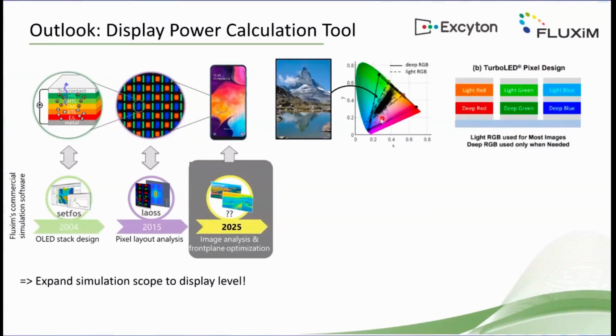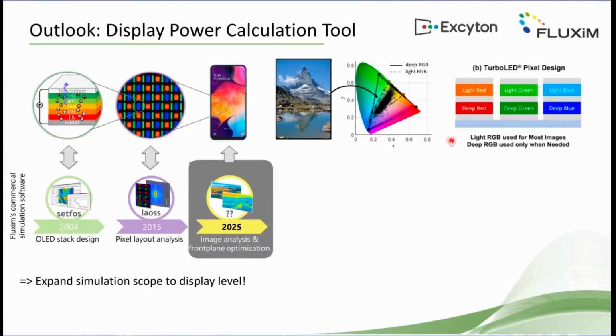This sketch on the left shows that we started 20 years ago with device level OLED stack simulation. In 2015, we started with large area display pixel array simulation, and in the next year, we hope to start releasing this power consumption tool, which should allow analyzing different concepts of pixel designs.